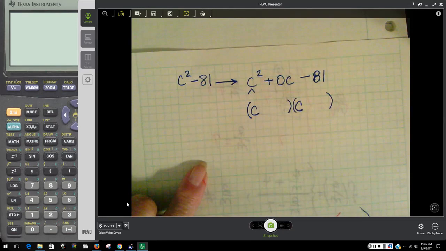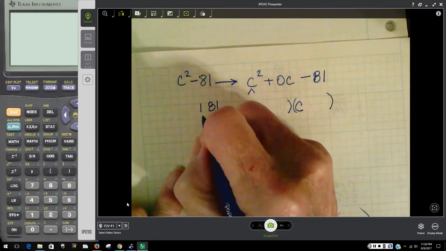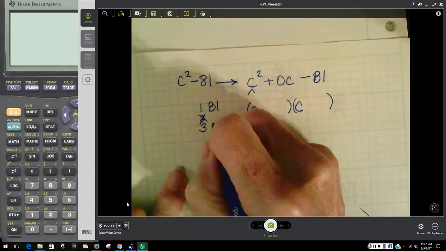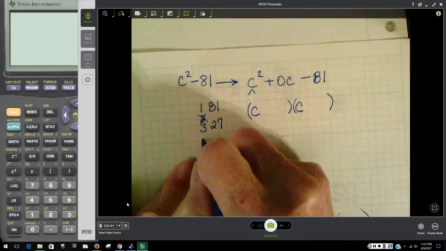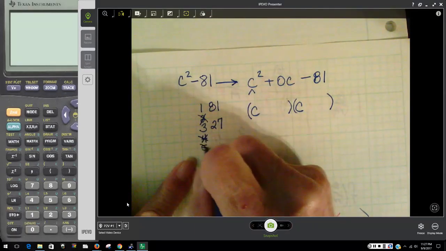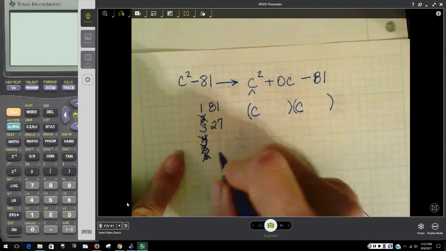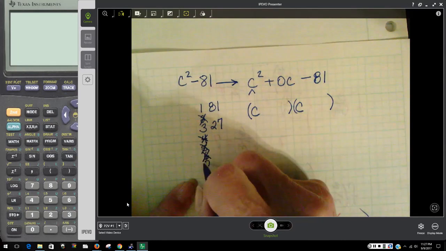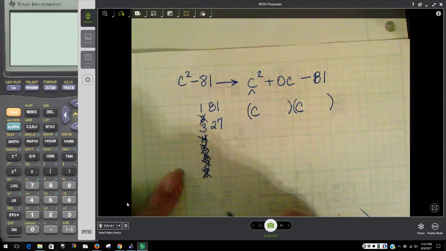There's a lot of different ways to get negative 81. We could use 1 times 81. 2 doesn't work. We could use 3 times 27. We notice that 4 doesn't work. 5 doesn't work. And 6 doesn't work. 7 doesn't work. 8 doesn't work, but 9 works.